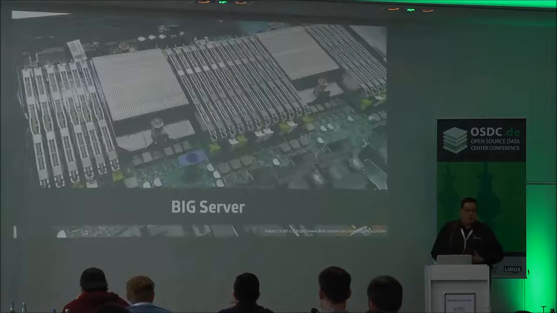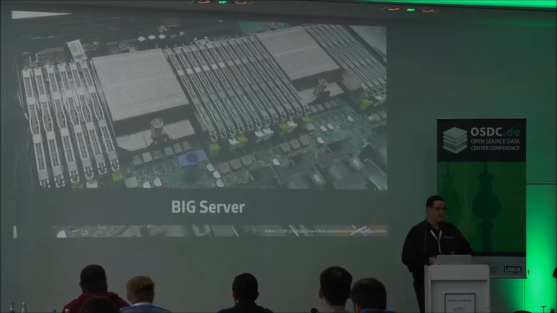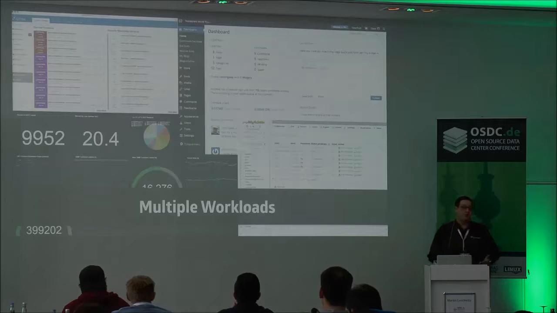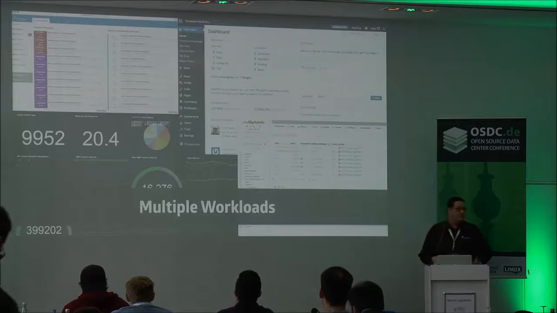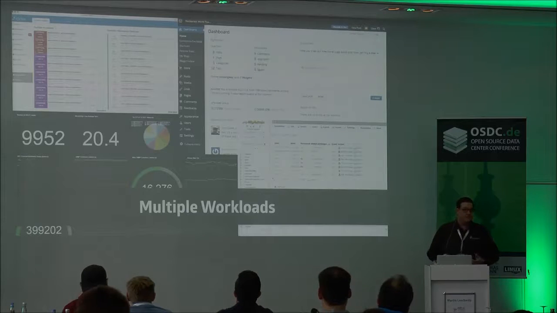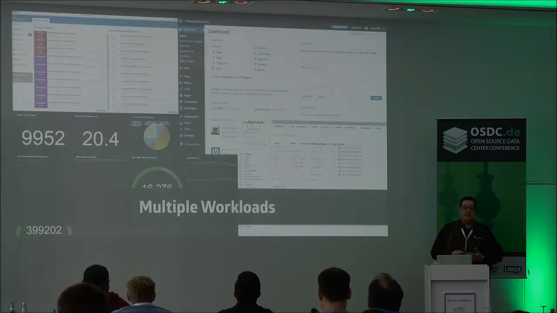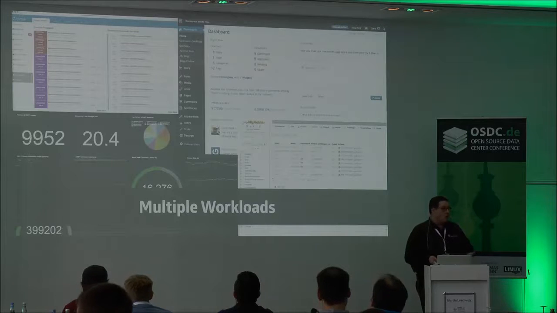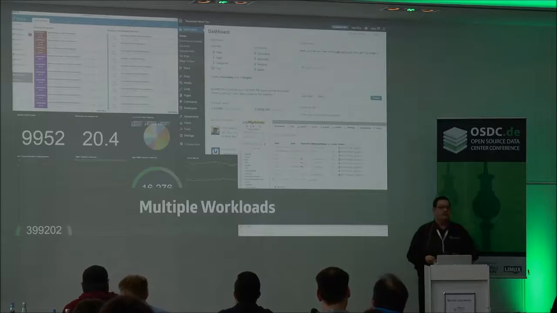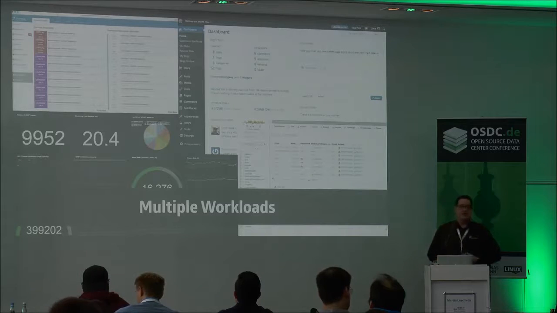I still have one big server, but I do not have one task for a machine anymore. Instead, I have multiple workloads. So I can have a monitoring system in a virtual machine. I can have a database. I can have a WordPress installation on a web server. I can have a metering system. All these applications are running separated from each other inside virtual machines on the same server at the same time.